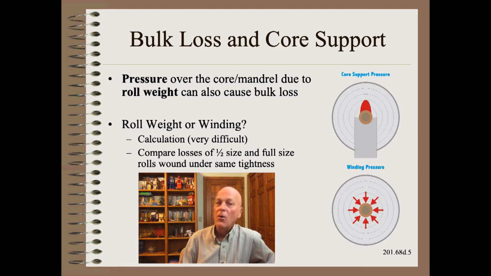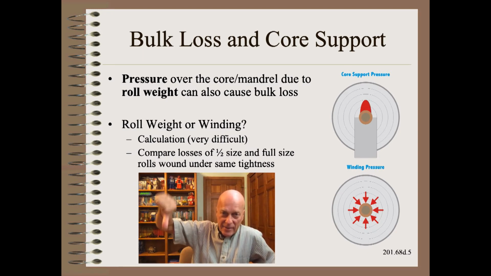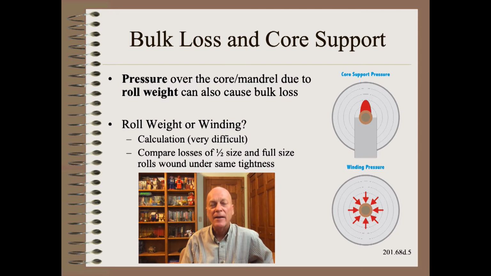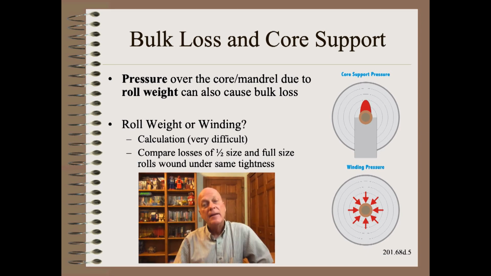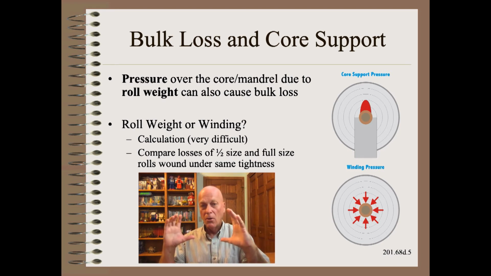If so, reduce all of the TNTs as we covered in the class. However, if the loss near the core of the half-size roll is nearly the same, then support is most important. If so, you should consider bigger diameter cores or smaller diameter rolls.